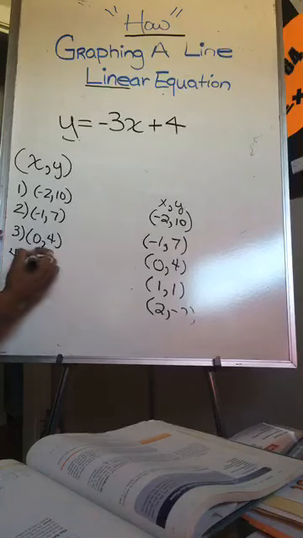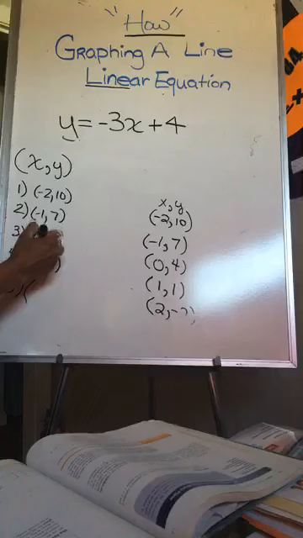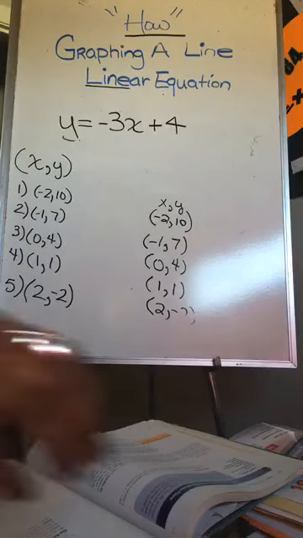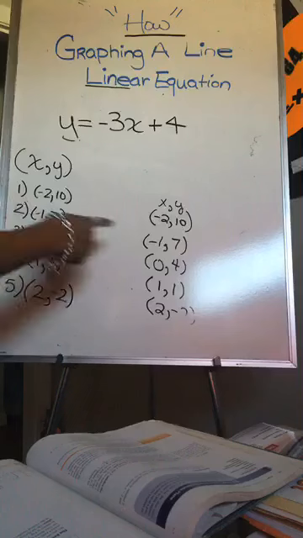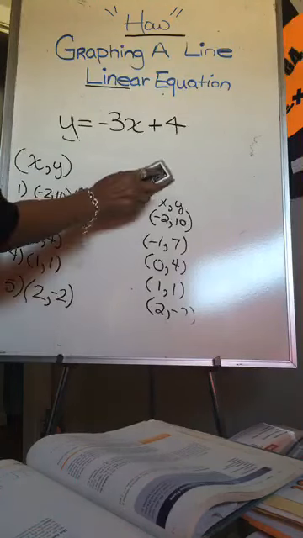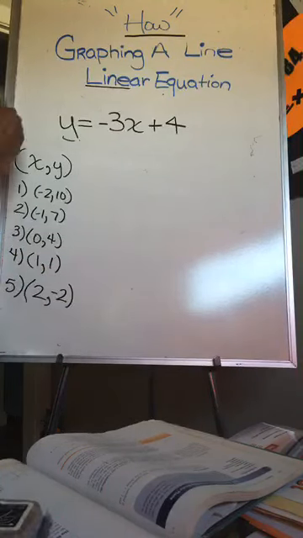Okay, so we have (-2, 10), (-1, 7), (0, 4), (1, 1), and (2, -2). We have 5 points here.